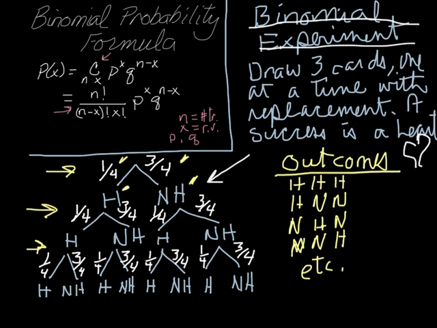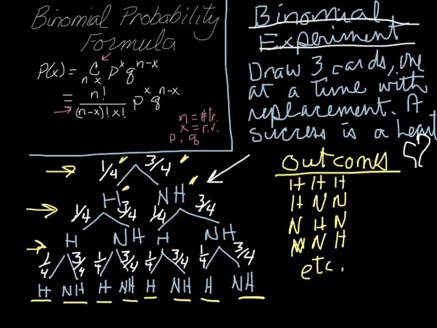There are 8 total outcomes, 1, 2, 3, 4, 5, 6, 7, 8, and I've listed 4 of them. The first one I listed is getting 3 hearts. The next 3 are getting 1 heart. So I get a heart, no heart, no heart; no heart, heart, no heart; and no heart, no heart, heart. And so those represent those.